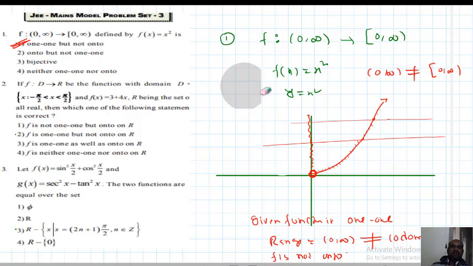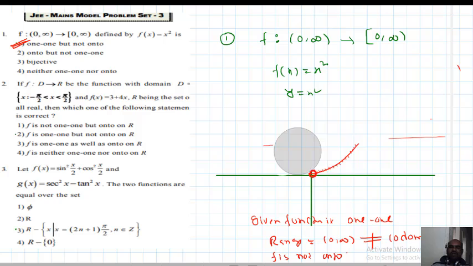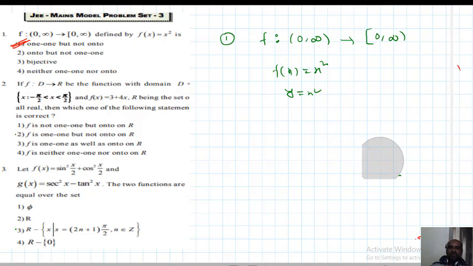Okay students, maybe you don't know the graphical method, but how to find the solution is important. First of all, let f of x1 equal to f of x2. If this gives x1 equal to x2, then you consider it a one-one function. That means x1 square equal to x2 square, so mod x1 equal to mod x2.